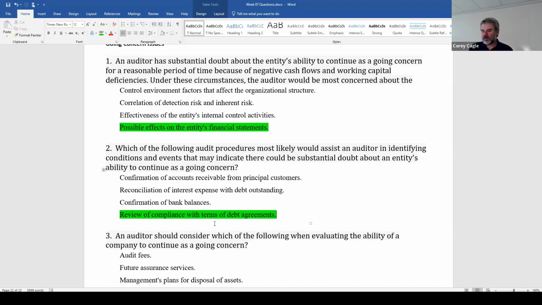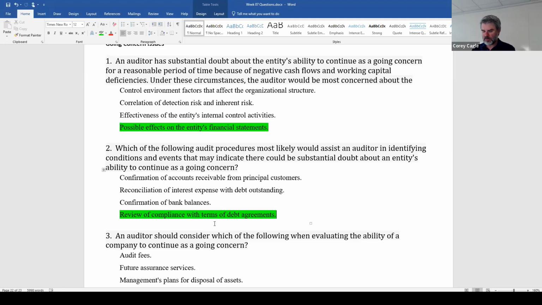All right. Are there other indications of possible difficulty, such as default on a loan, arrearages in dividends? They hadn't been paying dividends like they used to. Denial of credit from your suppliers. They won't sell to you on credit anymore. Restructuring of debt. Need to dispose of substantial assets. Are there work stoppages or other labor difficulties?